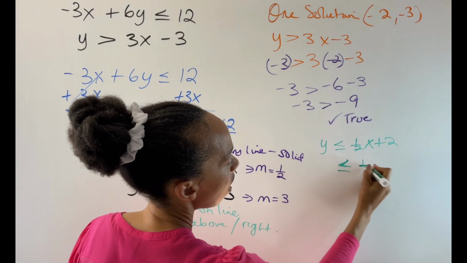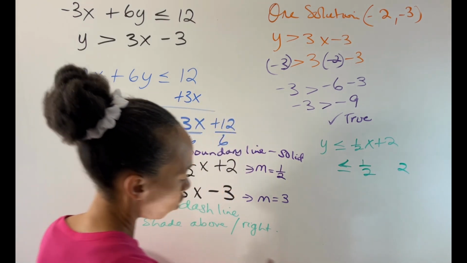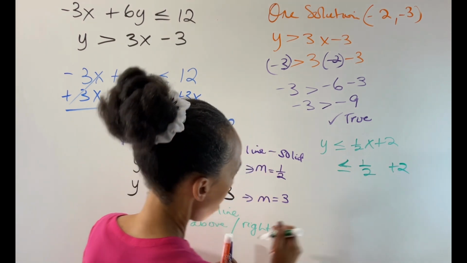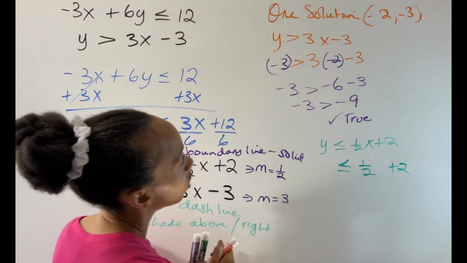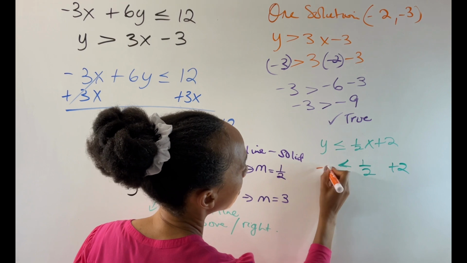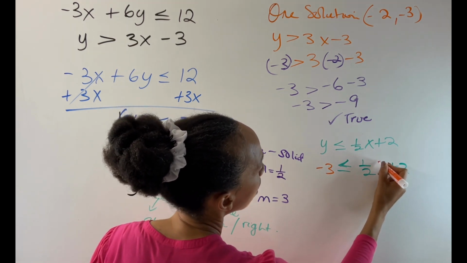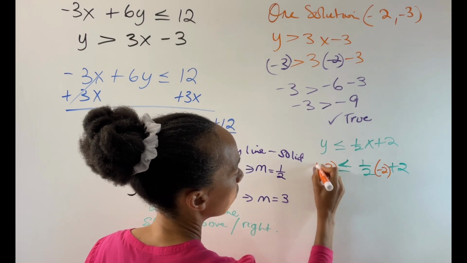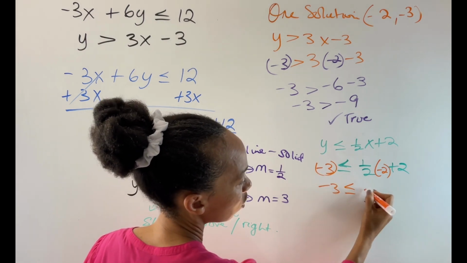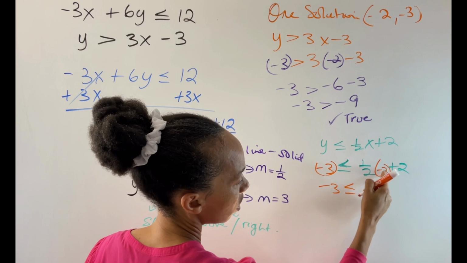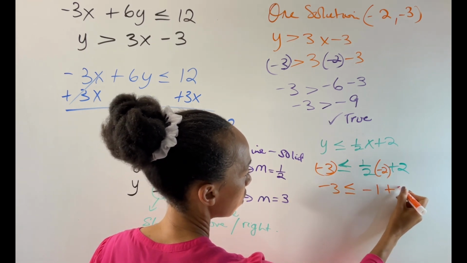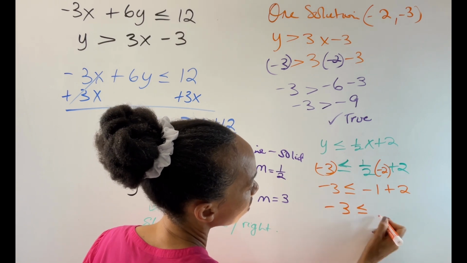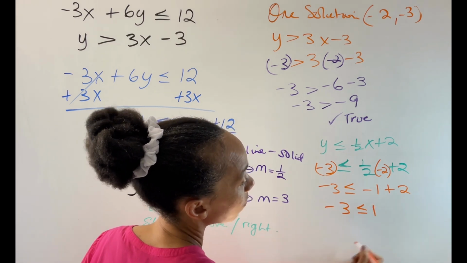So we have our half here and we have our 2, and we are going to substitute our value that we have for the solution, and our y is -3 and our x is -2. So -3 less than or equal to -1, because you're going to reduce this, plus 2. So once we have that, we say -3 is less than or equal to 1.